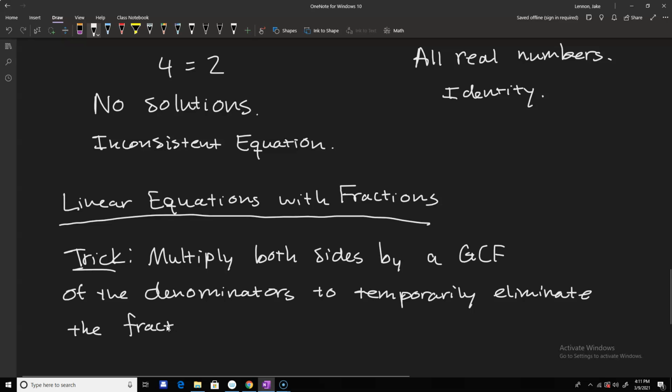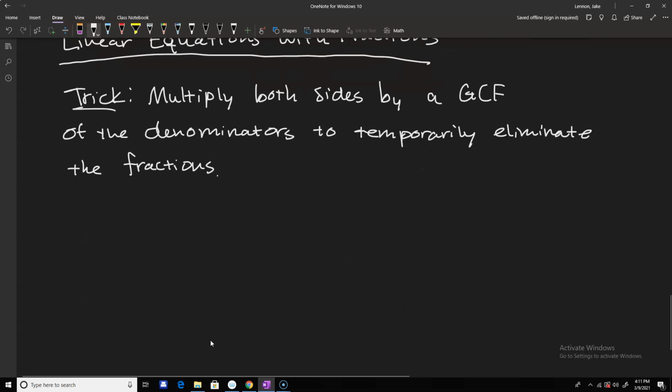And doing this is much easier than getting a bunch of common denominators for the fractions and adding or subtracting them. So we'll see that in the next couple of examples.